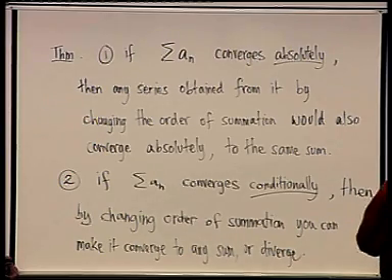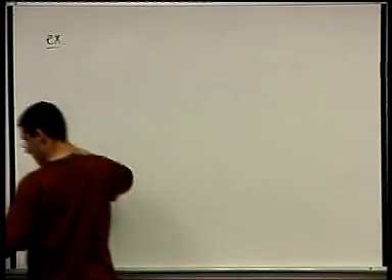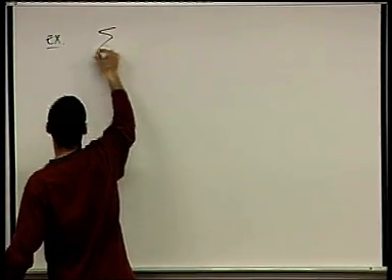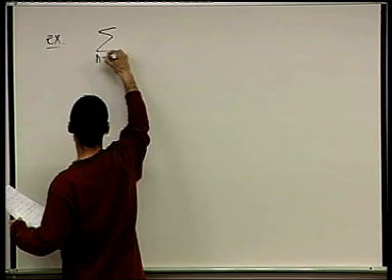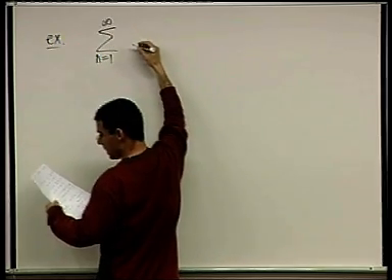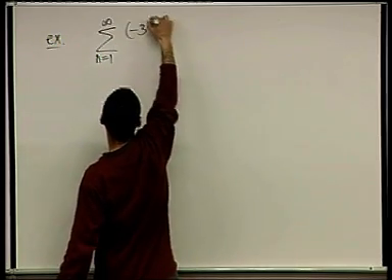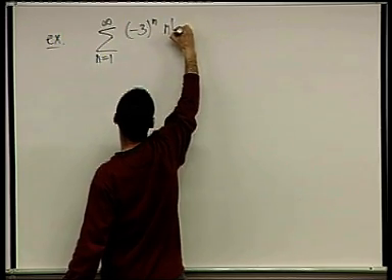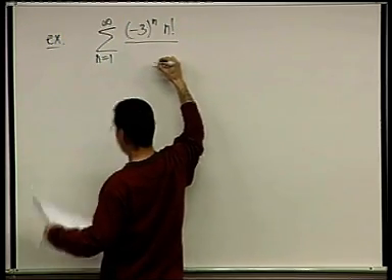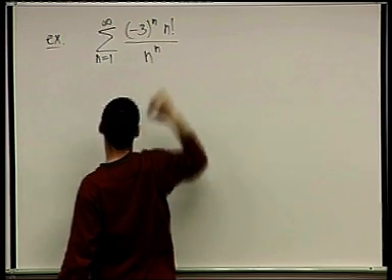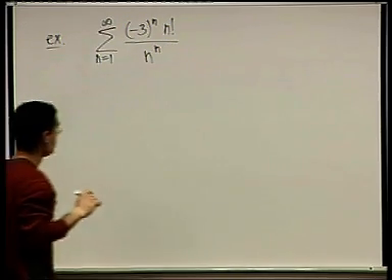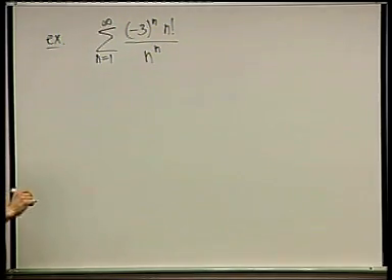And this is the following example. Sigma n equals 1 to infinity of minus 3 to the power n times n factorial divided by n to the power n. Lots of n's here.